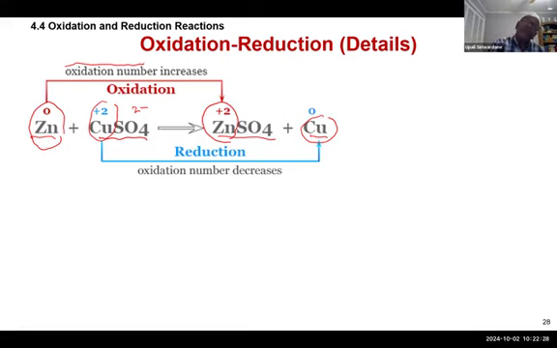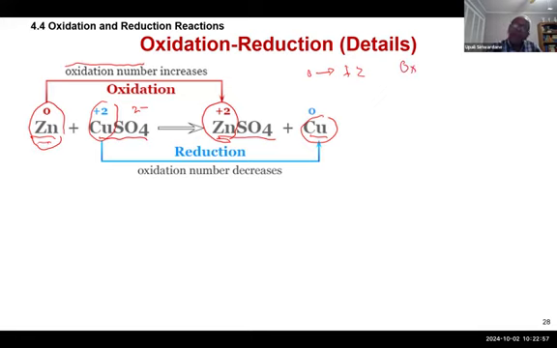Another way to tell you that oxidation is loss of electrons: here, zinc metal to zinc 2+ is an increasing oxidation number. If an atom increases oxidation number from 0 to +2, that's an increase.